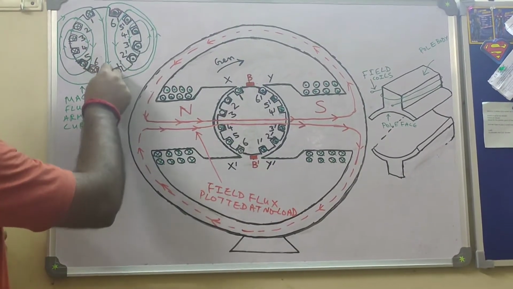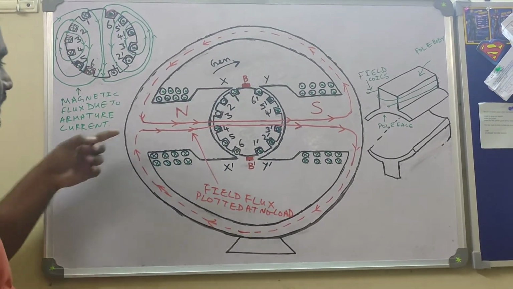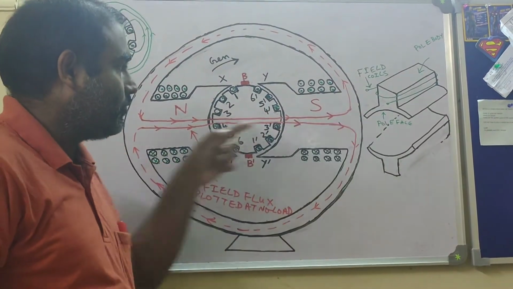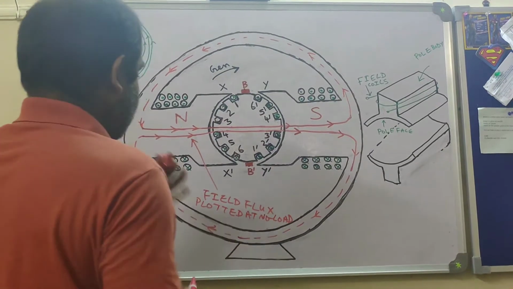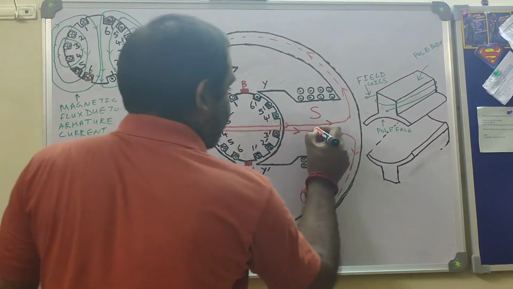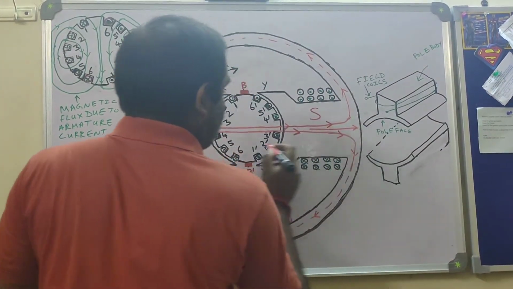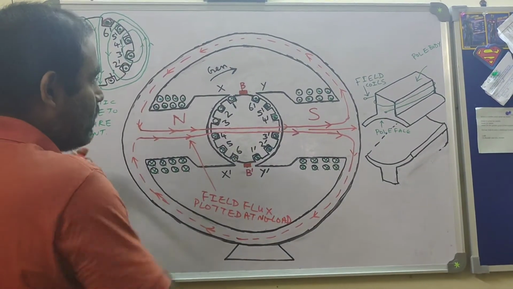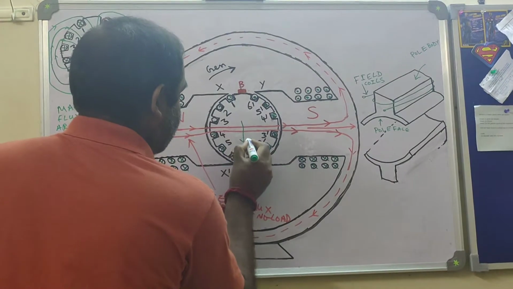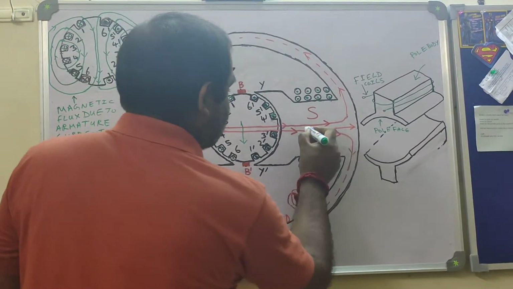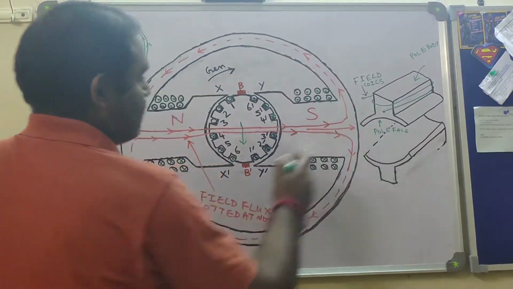So this is your armature magnetic axis, and this is your field MMF axis or field winding axis.